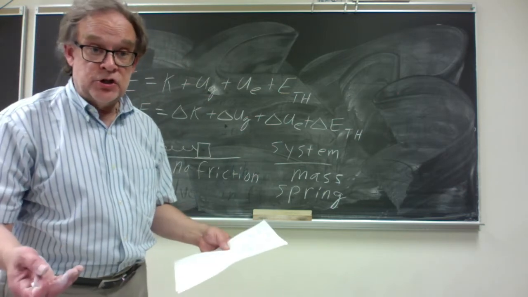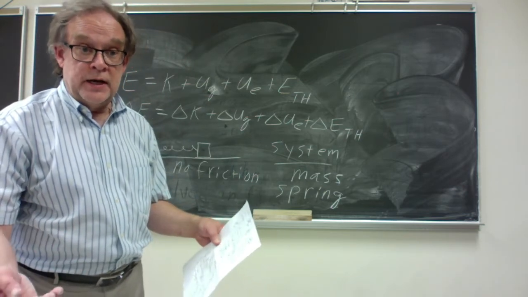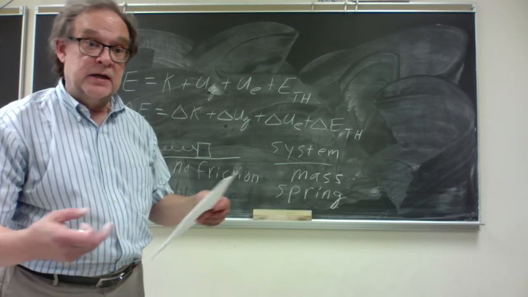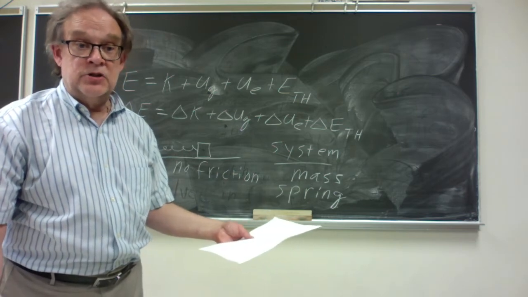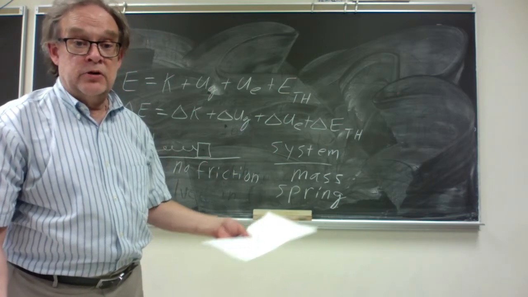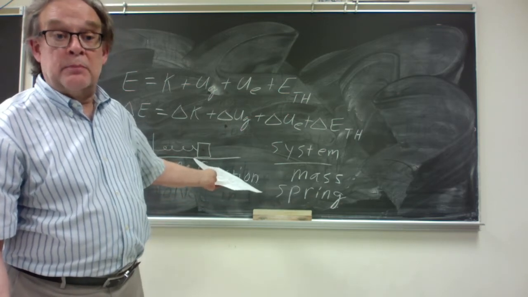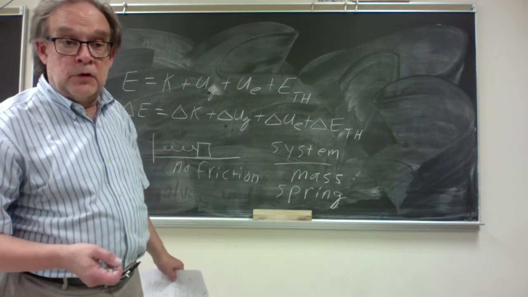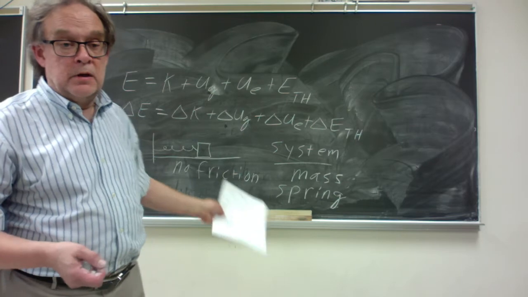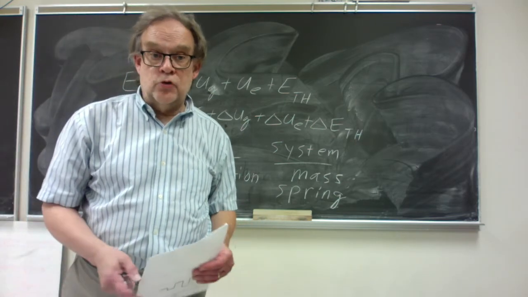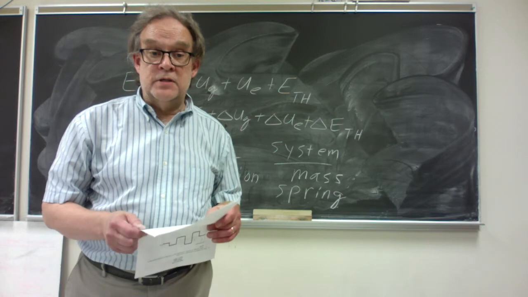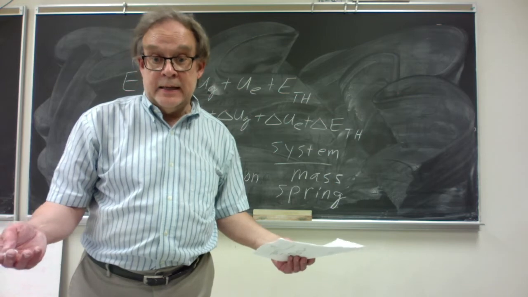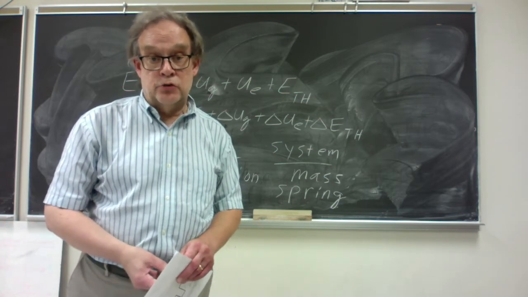Because when it does the negative work of friction and takes kinetic energy away from the moving thing and gives it to thermal energy, the thermal energy of the tabletop will increase, and also the thermal energy of the mass. So if we want to have all of that thermal energy counted as part of the system's total energy, we have to include all the things that will get an increase in thermal energy.